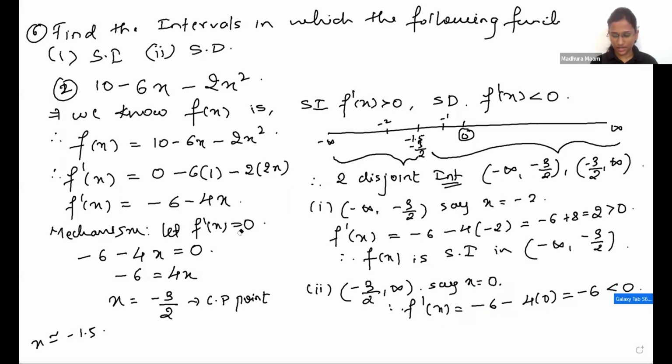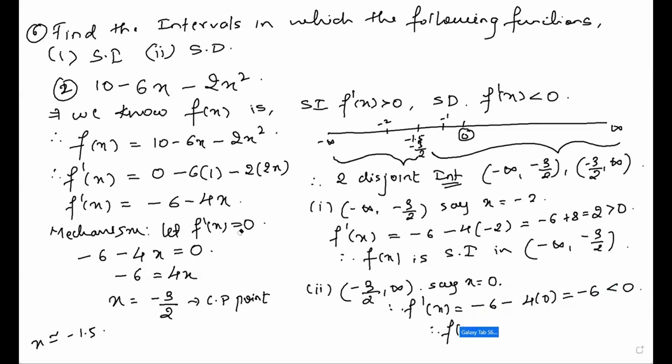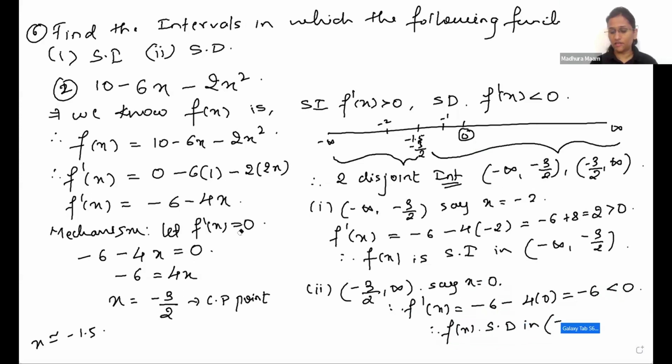So is the function increasing or decreasing here? Decreasing, strictly decreasing, in the interval -3/2 to infinity. And these are your required intervals. So in -infinity to -3/2 it is strictly increasing, and in -3/2 to infinity it is strictly decreasing.